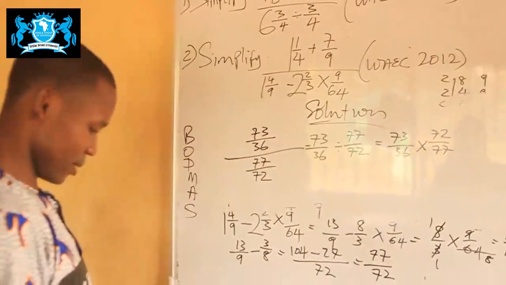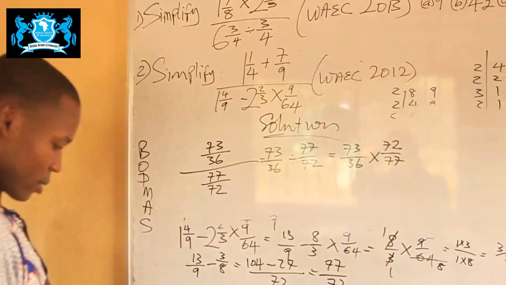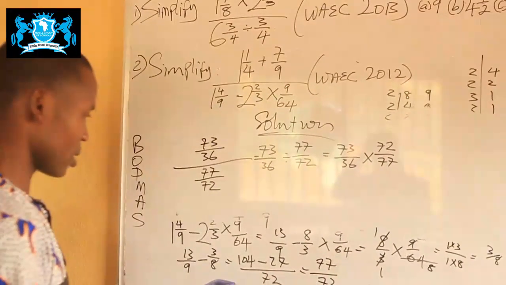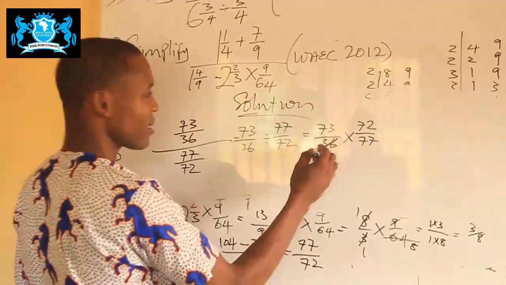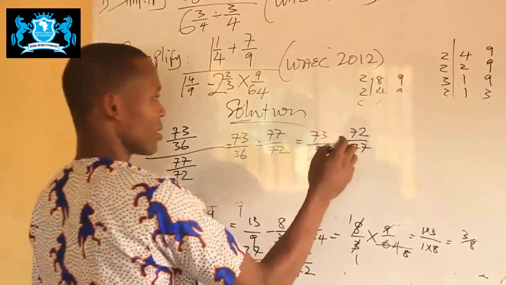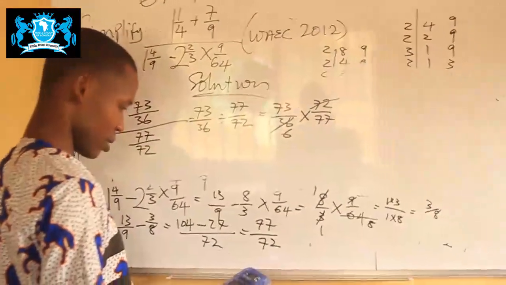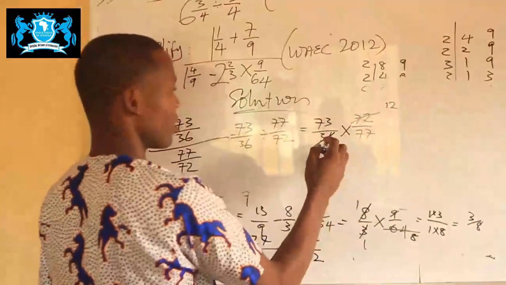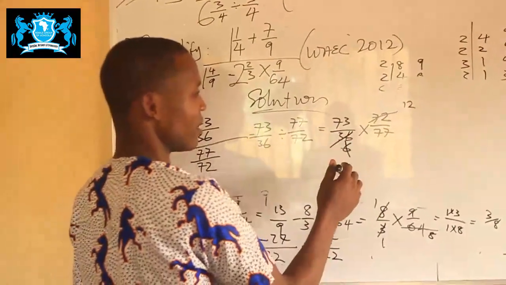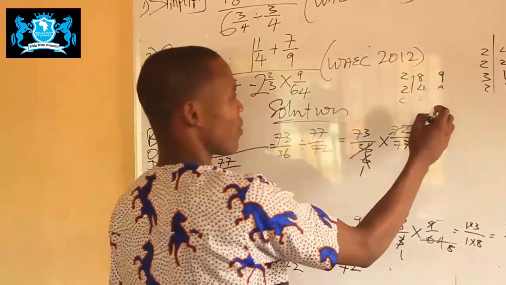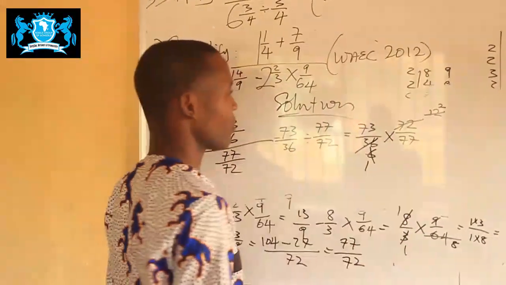What can divide? 6 can divide. 36 divided by 6 will give us 6. 72 divided by 6 should give us 12. 6 divided by 6 will give us 1. 12 divided by 6 will give us 2.